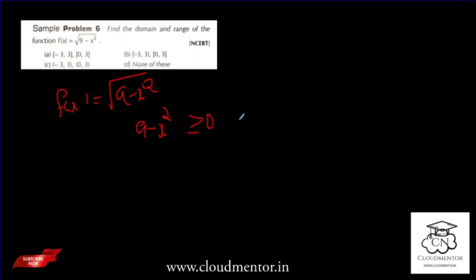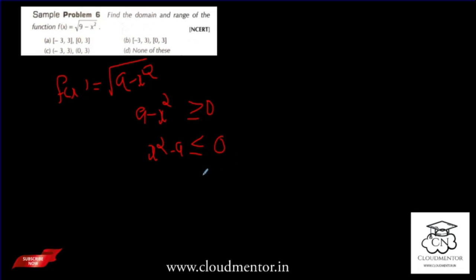So 9 minus x square here must be greater than or equal to 0. I don't like the negative sign for this variable, so I am changing that sign, so that is x square minus 9. Whenever the sign is changed, the inequality also reverses. So x square minus 9 is less than or equal to 0.